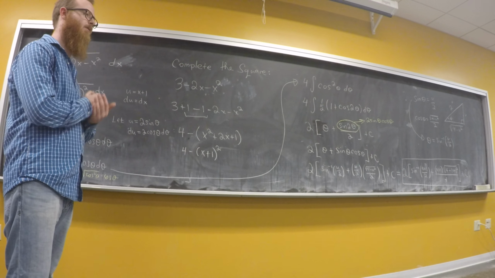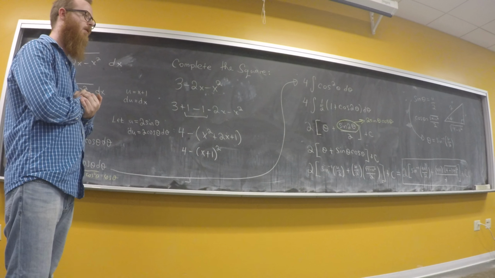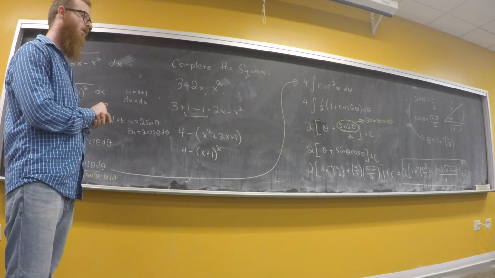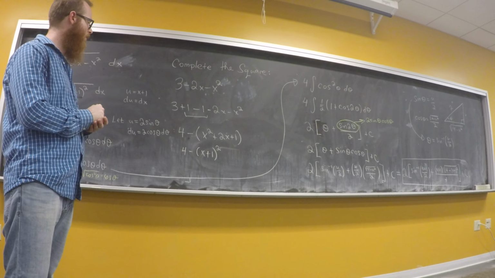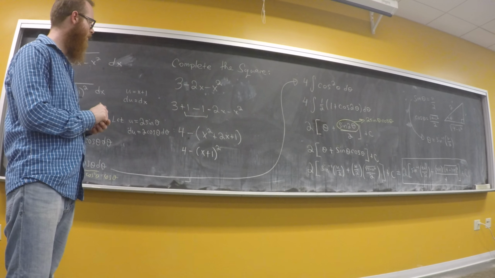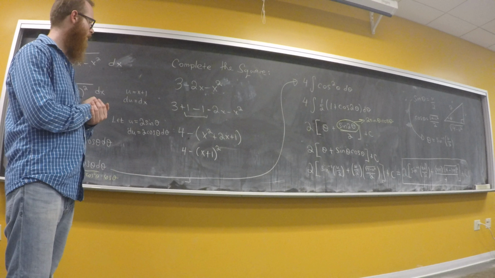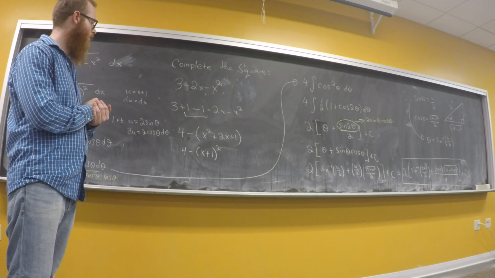I don't see how that where 3 plus 1 minus 1 is 2x minus x squared. What if we had like 1 minus 2x minus x squared, and then you just change that to 1 minus x squared? We wouldn't get the 4 then, I see. We need the 4 to have a square.